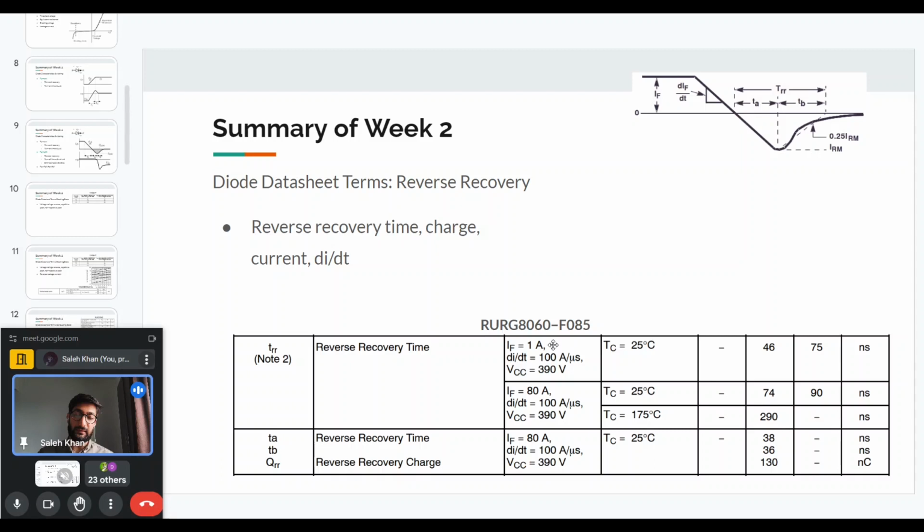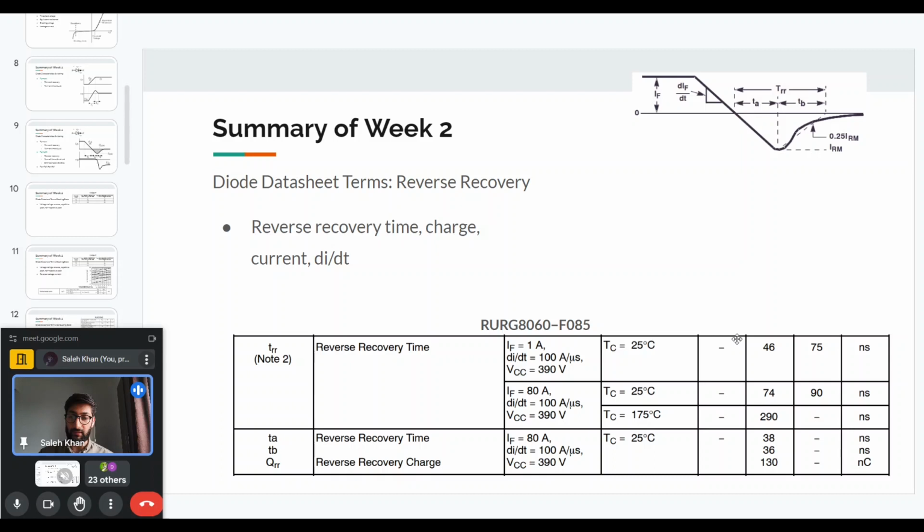So that is why, when you are selecting a device, you have to take into account what will be the temperature at the full load, at the maximum power handling condition. And based on that temperature, you have to figure out what will be the reverse recovery time and what will be the associated losses.